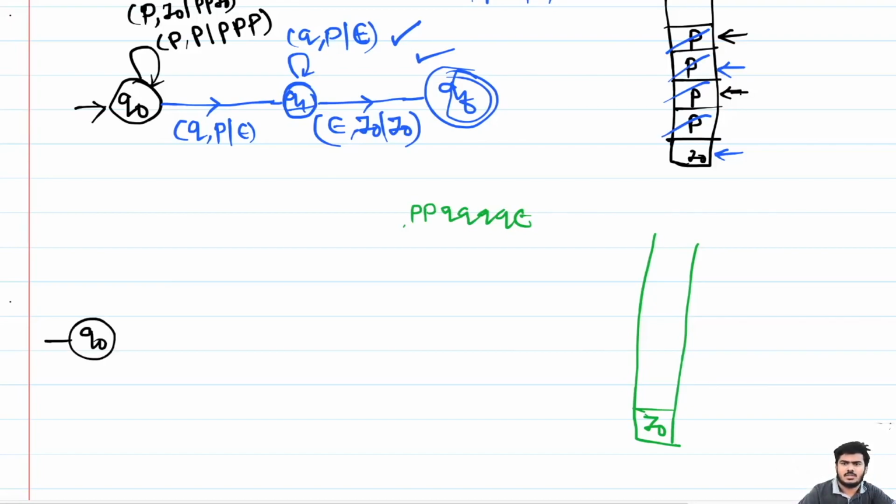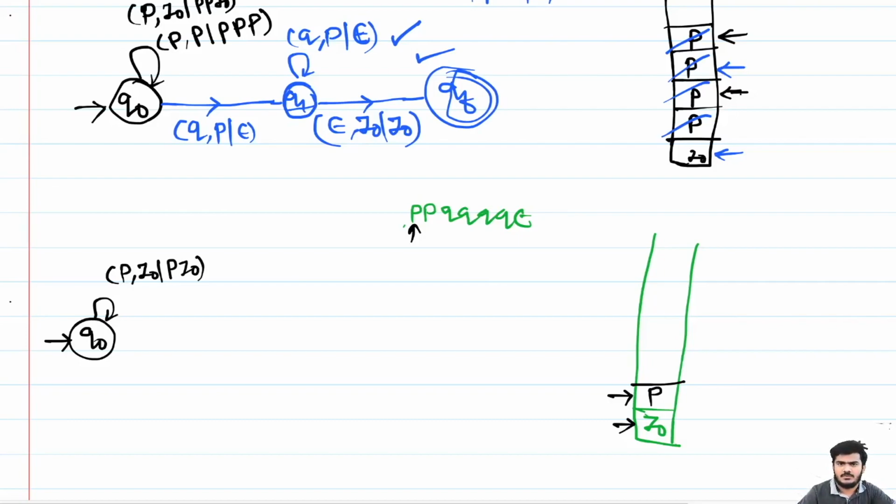When I am in Q0 and the top of the stack is Z0 and my input is P, then I will do this operation. When P is the input and the top of the stack is Z0, I will push that P into the stack. So I have pushed that P into the stack and the top of the stack now becomes this one P.